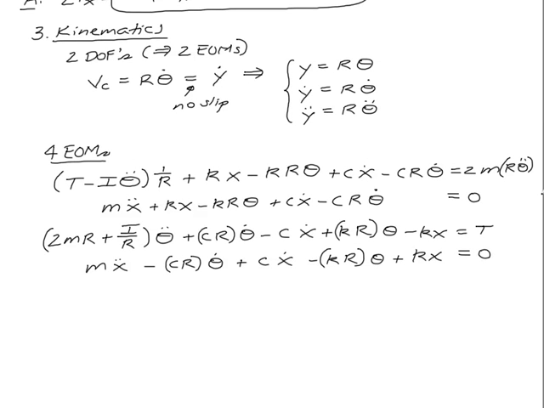Okay, so let's say I want to put this in matrix form. In matrix form, the mass matrix is going to be 2mr plus I over r in the 1,1 position. I have a 0 and a 0 there. I have an m here, times theta double dot, x double dot.